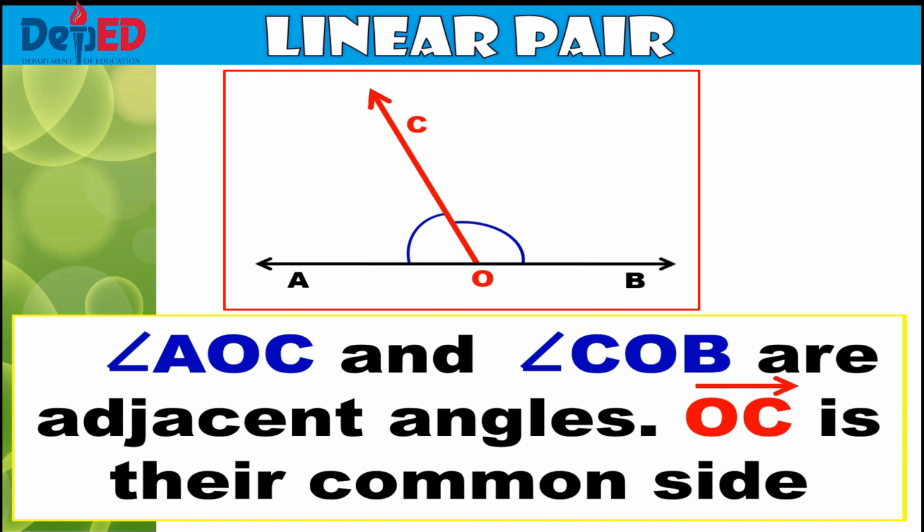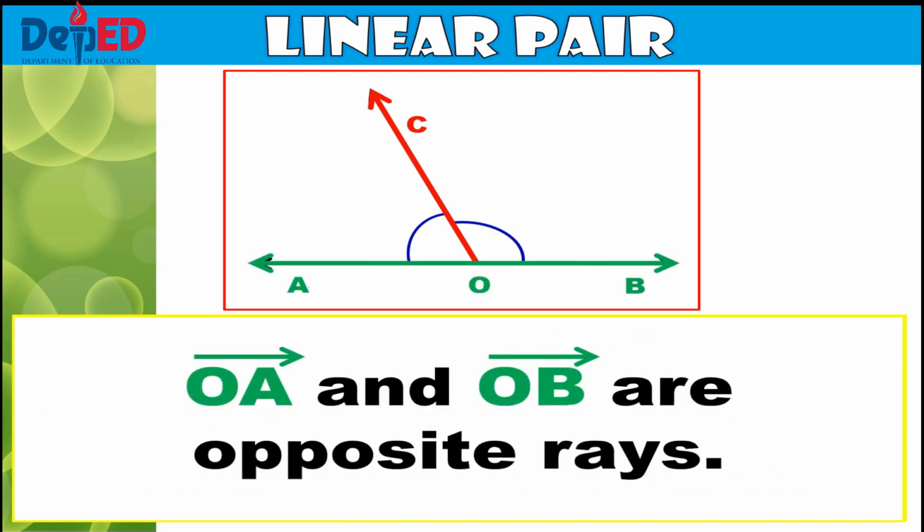Angle AOC and angle COB are adjacent angles. Ray OC is their common side. Ray OA and ray OB are opposite rays.